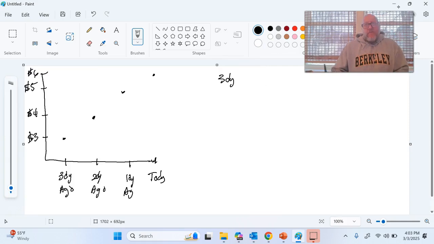And let's say that 3 days ago, I purchased 15 avocados at $3 a piece. So the journal entry, let's assume that I paid cash.